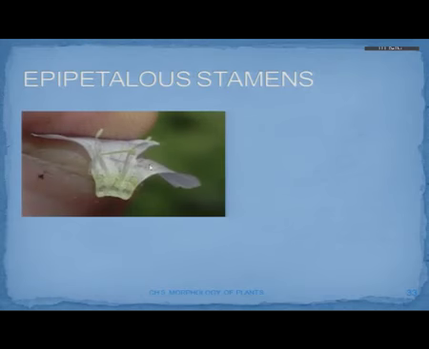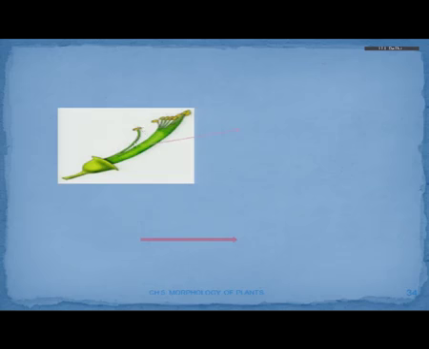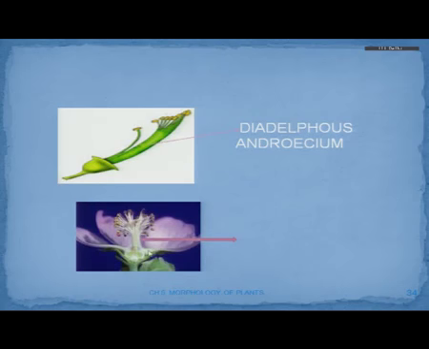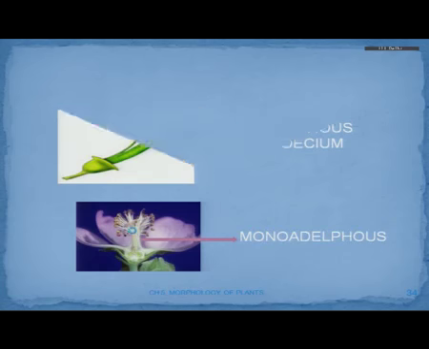These are epipetalous stamens. Now, here as I said, when the stamens are present in bunches, one bunch can have only one stamen, the other can have many. Such a condition is known as diadelphous androecium. And when the androecium is present as one whole bunch, the condition is said to be monoadelphous.